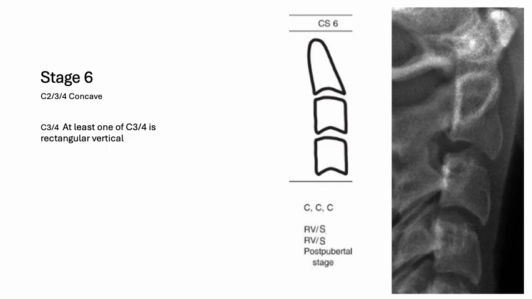So in this example, I think all 3 inferior borders are concave, and both C3 and C4, in my opinion, looked to be rectangular vertical. But technically in the staging system, one of them can still be square, and you can still be in stage 6.